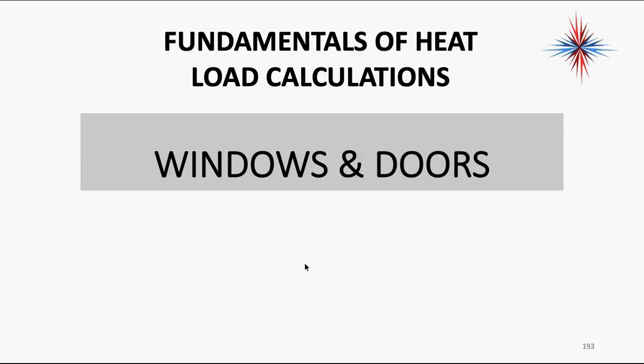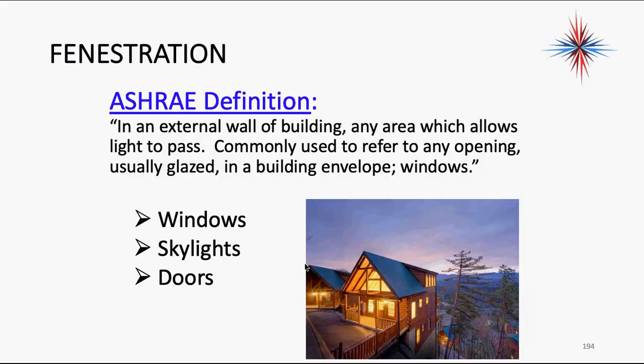Okay, I want to talk a little about windows and doors. Fenestration is how it's referred to. You're going to find this referred to in all the documentation, all the Manual J documentation. It's fenestration. It includes windows, skylights, and doors. Fenestration is an external wall of a building, any area which allows light to pass.